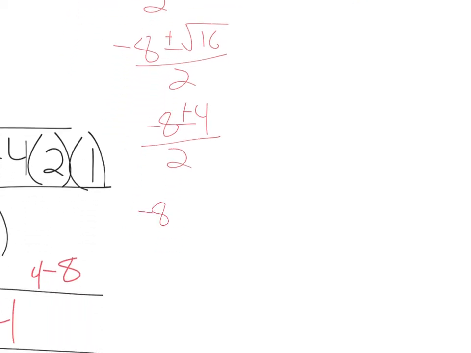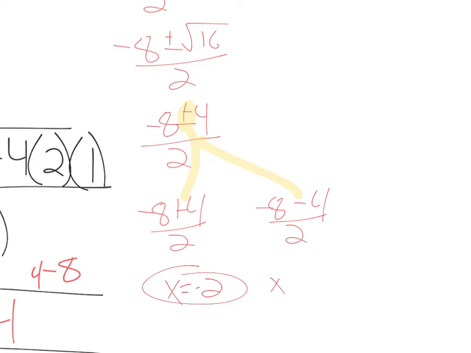I'm going to have negative 8 plus 4 all over 2, and then negative 8 minus 4 all over 2. So really, I just took this plus or minus symbol and divvied it up into a plus and a minus. So negative 8 plus 4, that is negative 4. Divide that by 2. We'll get x equals negative 2. Negative 8 minus 4 is negative 12. Divide that by 2, we'll get a negative 6.